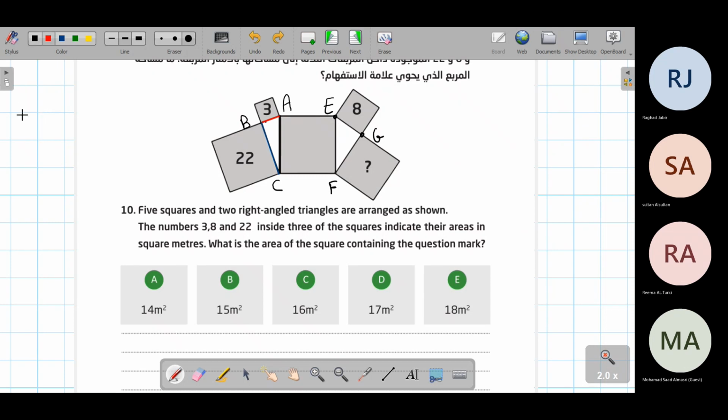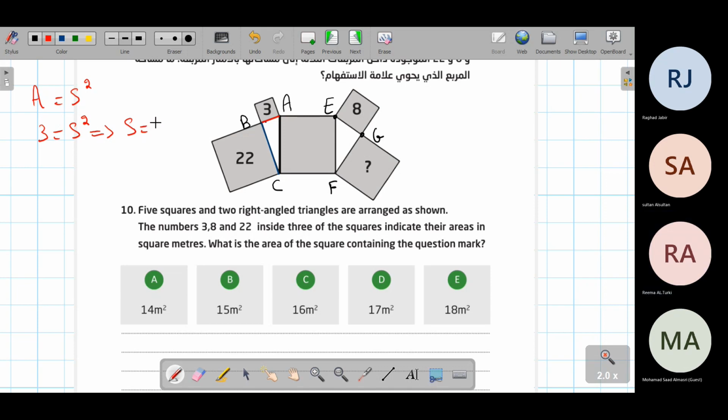So A squared equal to S squared. So 3 equals S squared. Implies what, Rima? S equal to what?